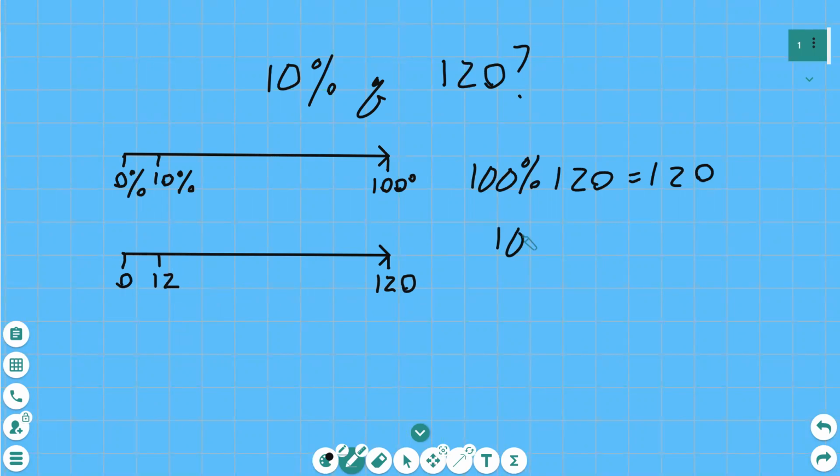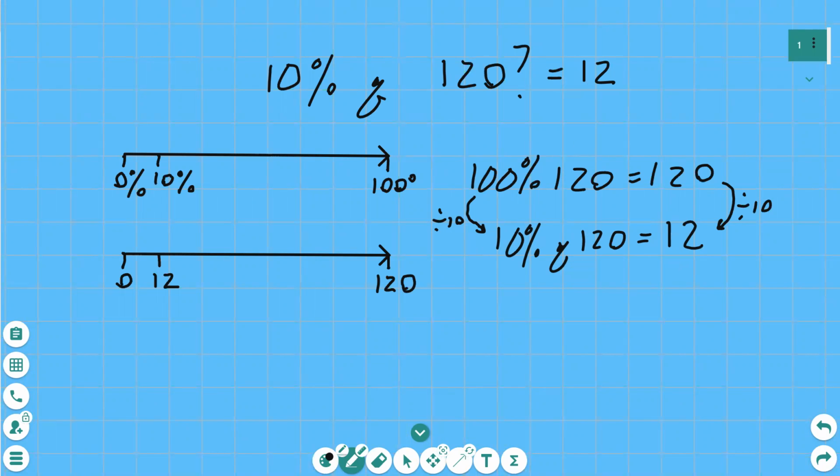So 10% of 120 is 12. We've divided 100 by 10 to get 10%. So that's 12. Done.